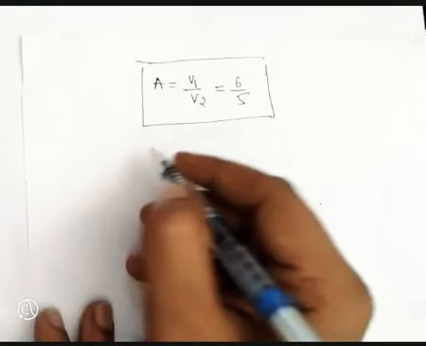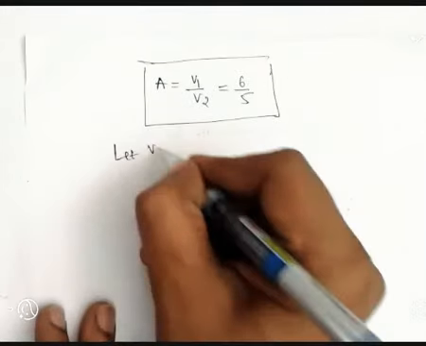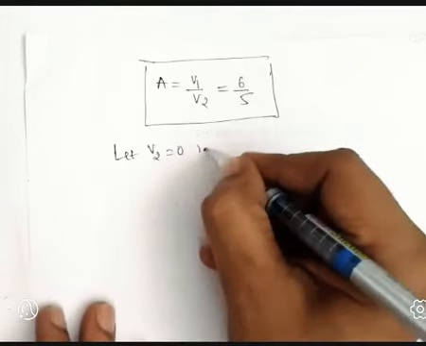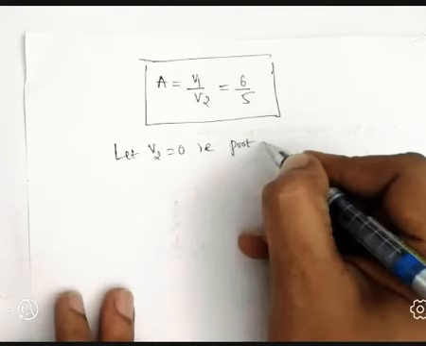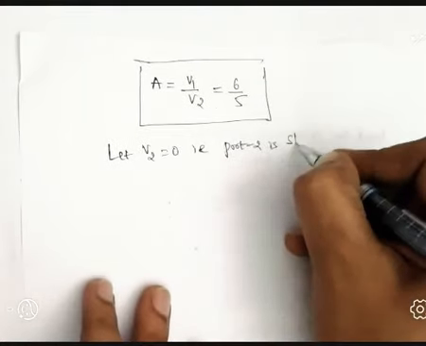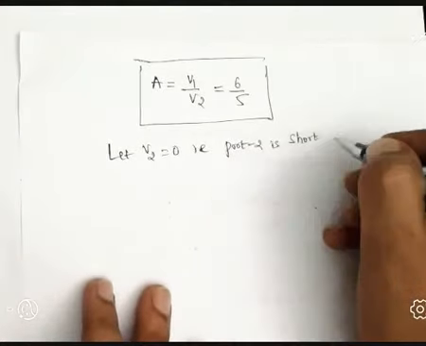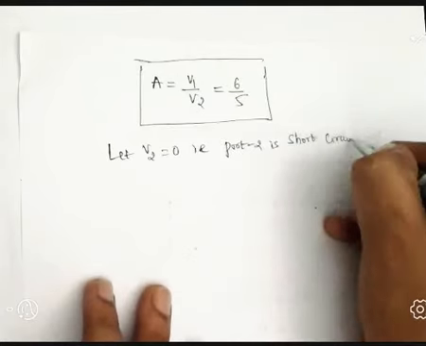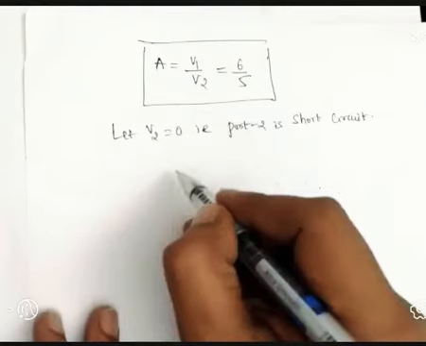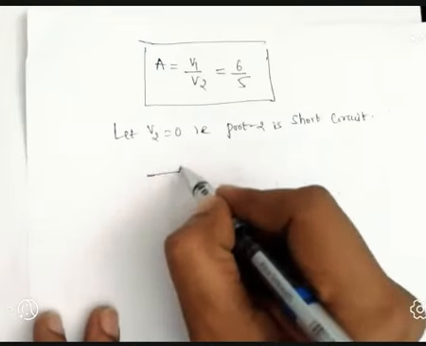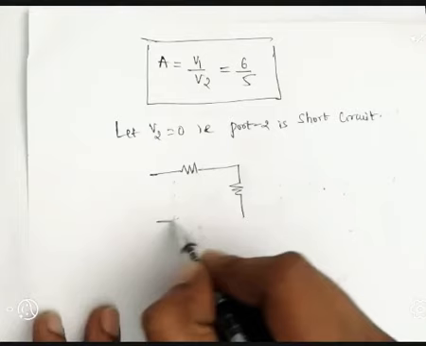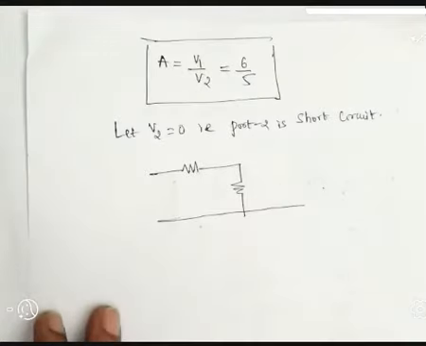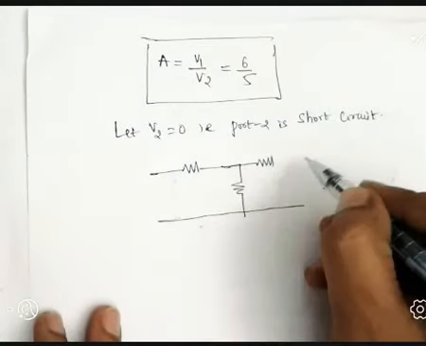Let us make V2 equal to 0. That is, port 2 is short circuit. Hence what happens? I am going to resketch the network. This is short circuit.